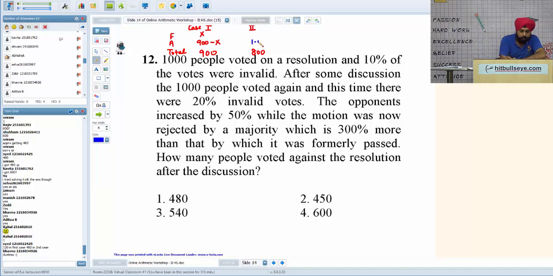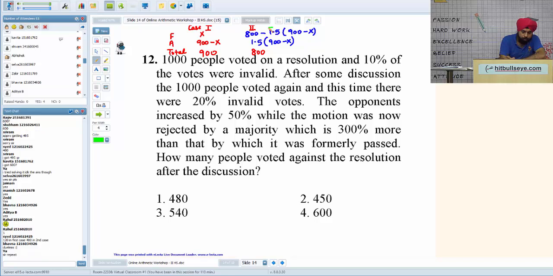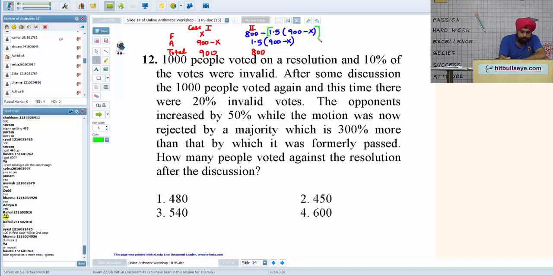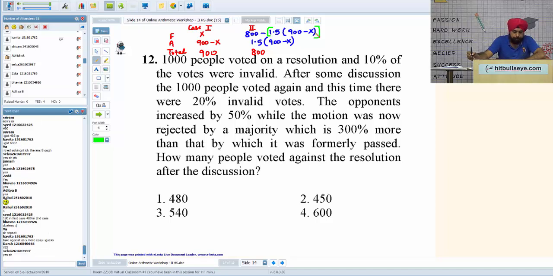So it is 1.5 times 900 minus X, the people who are against. So this means the people in favor will be 800 minus 1.5 times 900 minus X. Now this whole will fall into the bracket, students, for your better understanding. Yeah, that's true. Because we need to increase it by 50%, that will become simpler.